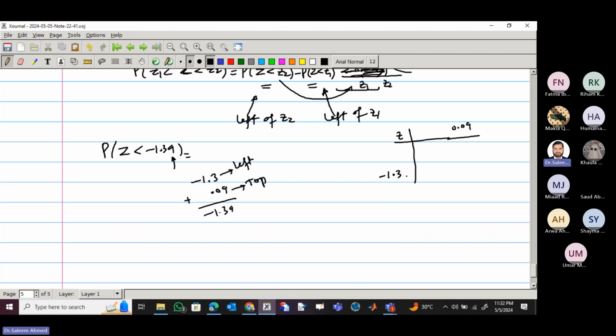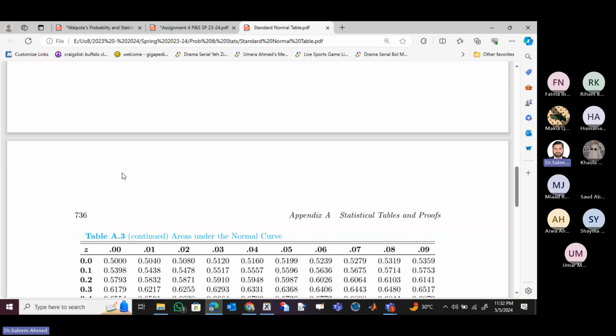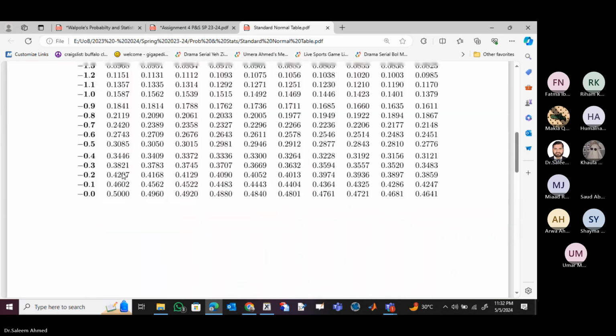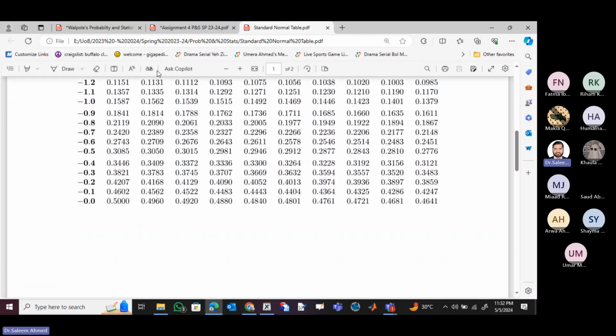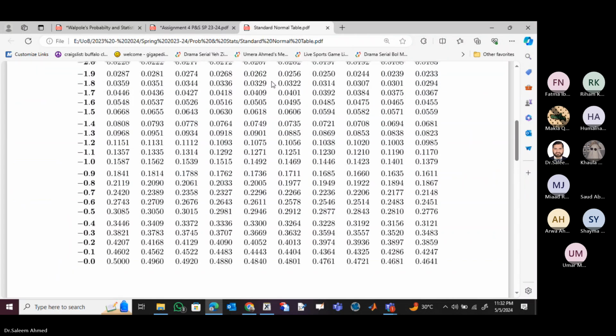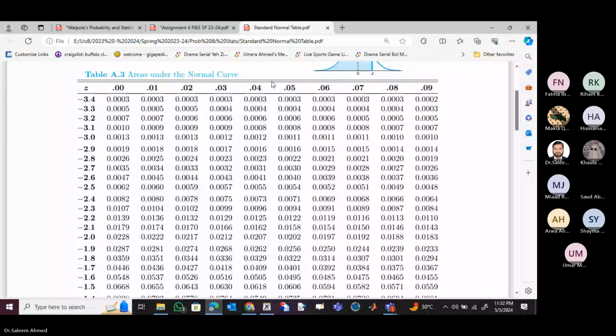So if you look at minus 1.3 from the left and 0.09 from the top, this area will be your answer. If you go to the table, this is minus 1.3, and from the top 0.09, the last column.